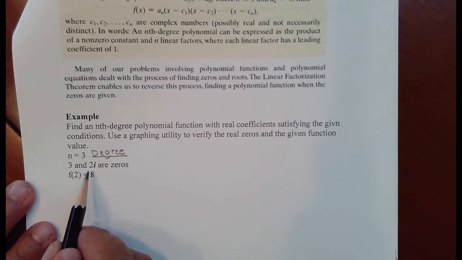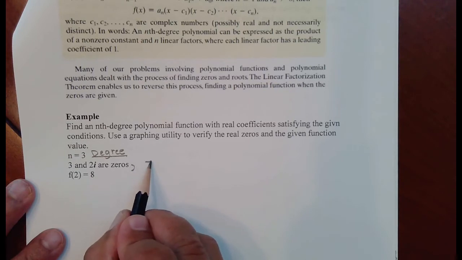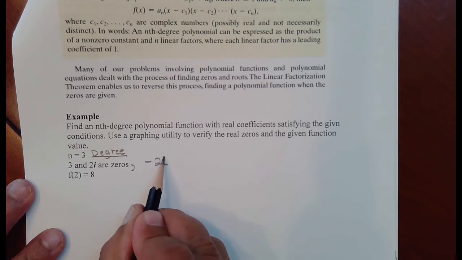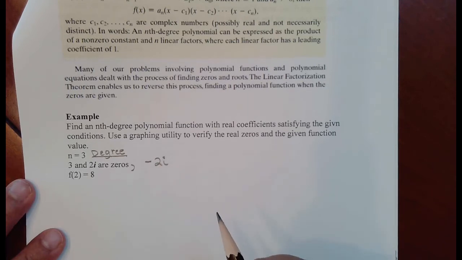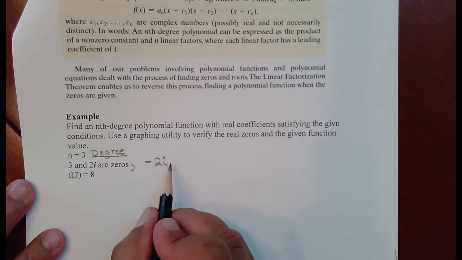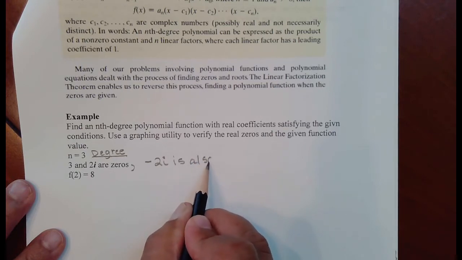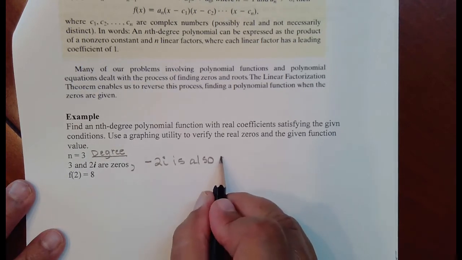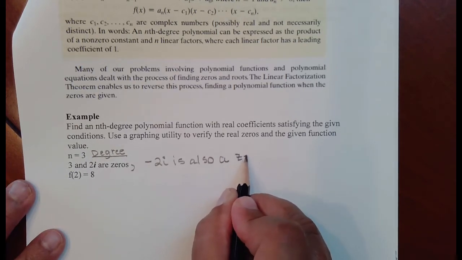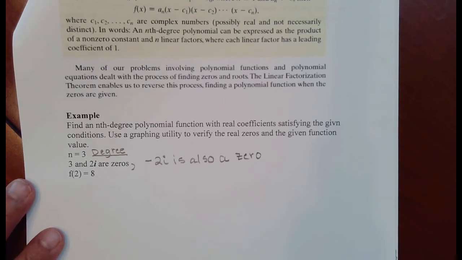So if positive 2i is a solution, a 0, then so is negative 2i. This is the conjugate of that. You just switch the sign on the i term and you have the conjugate. So negative 2i is also a 0, even though they don't give it to you, but by that property that we just read on the previous page, it is also a 0, since those type of solutions always occur in conjugate pairs.